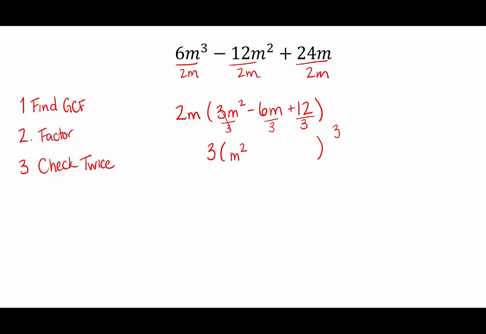Negative 6m divided by 3 gives me negative 2m. And 12 divided by 3 leaves me with 4. So that's that polynomial factored out. But I still have this 2m here. Bring him down, 2m, and you're going to multiply him. 2m times 3 is 6m. I'll just rewrite it out so my work looks neat.